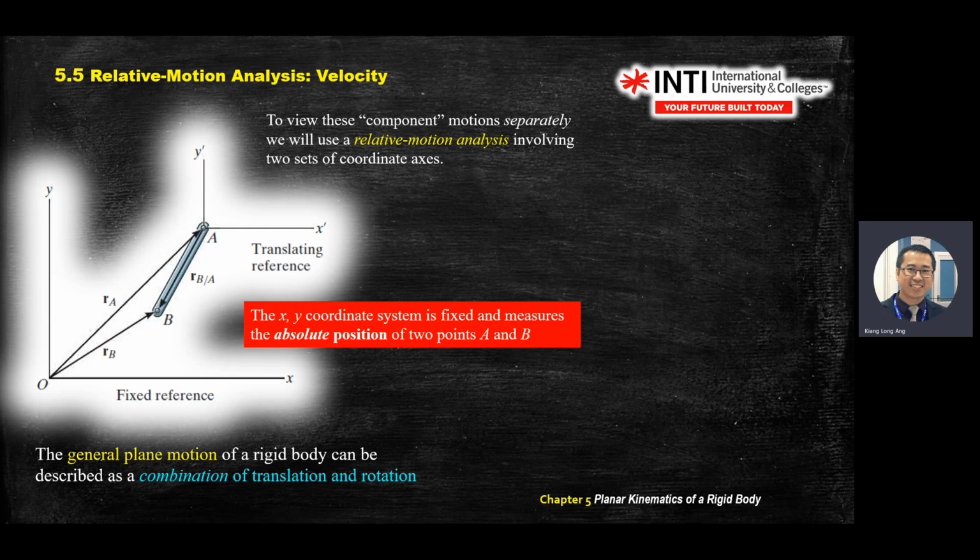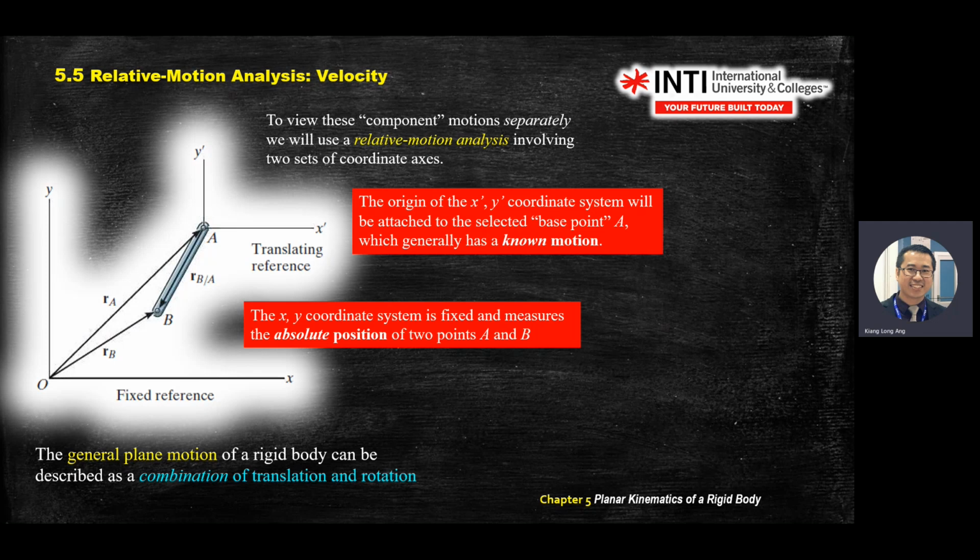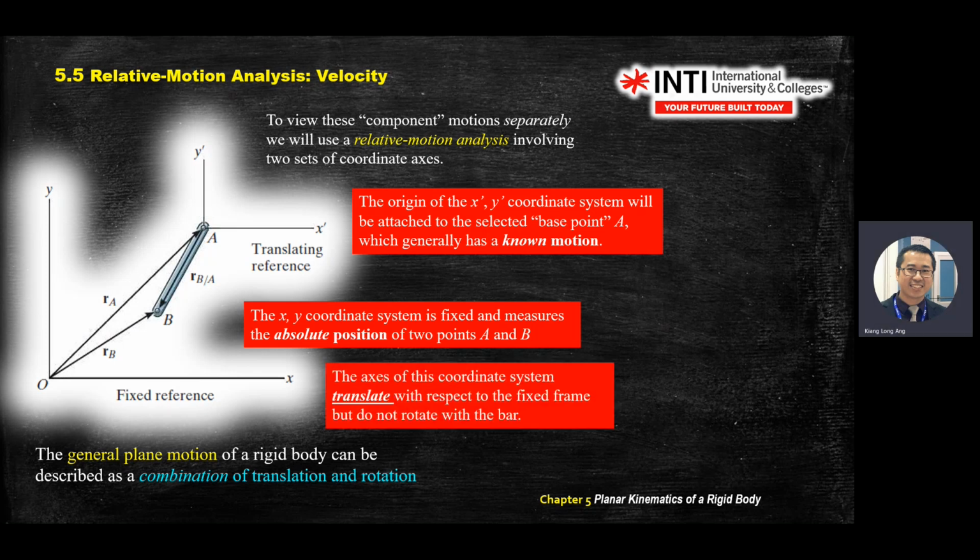So the rest you already know from the previous chapter, right? This x and y, in some textbooks we call it absolute position, absolute coordinate, or fixed reference. Okay, the rest we will look into in the example.